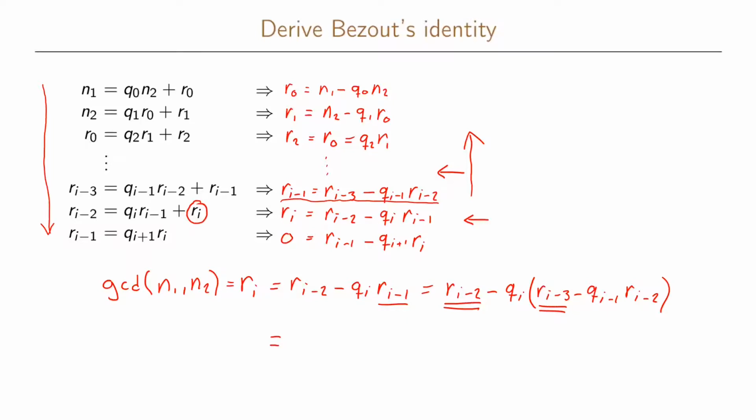So we will have something that we now call s that we multiply by n1, and we have something that we call t that we multiply by n2. Because in the last step in this algorithm we have replaced r0 by only something that contains n1 and n2.